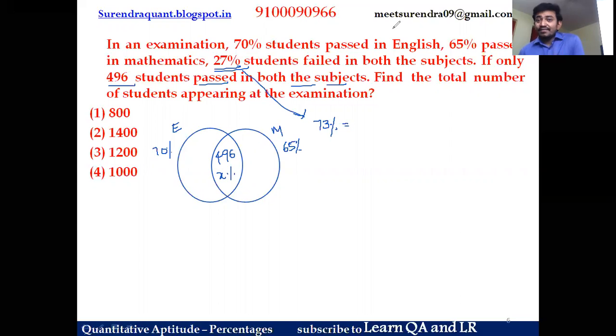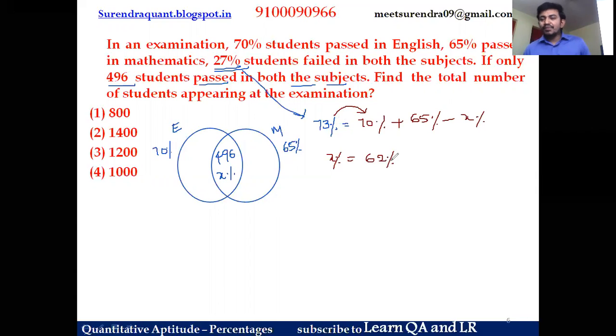Now if 27% failed in both, 73% have to pass in at least one subject. So 73% equals N of A plus N of B minus N of A intersection B. This is the one step that you have to write in the exam. So X% equals, if 73 comes to the other side, 70 minus 73 is minus 3, 65 minus 3, 62%.